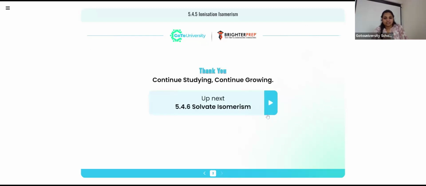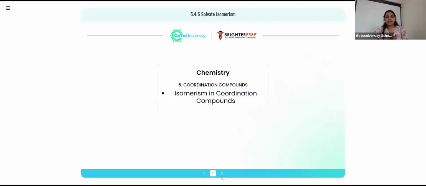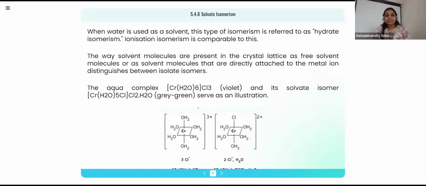Now solvate isomerism. Solvate isomerism means here water is used as a solvent, and otherwise it is similar to the ionization isomerism. See here, the aqueous complex is here and the solvate isomer is this one, where the water is coming outside.